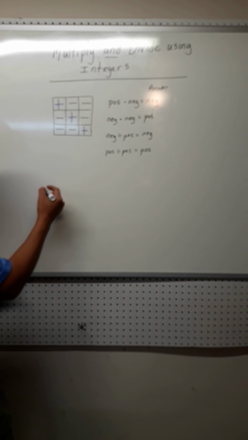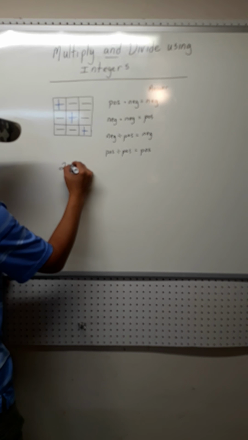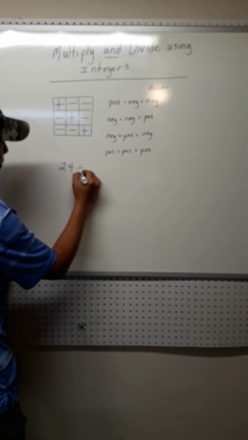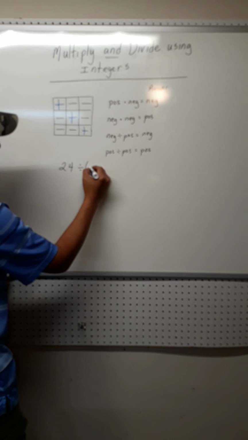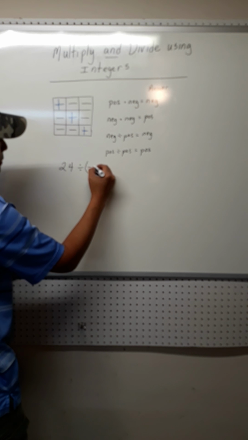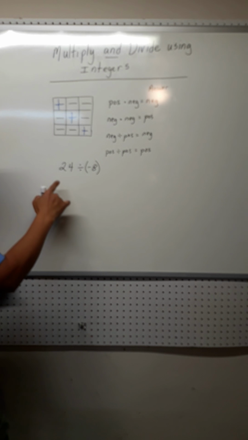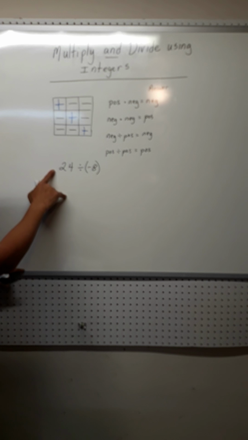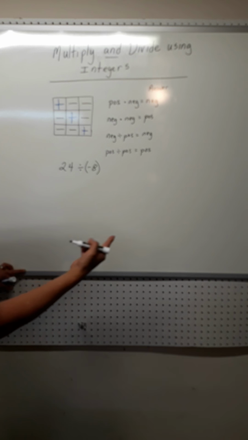Here's a couple of examples. Let's say I have 24 being divided by, parentheses, negative 8. Anytime you have a number that does not have a positive or a negative symbol attached to it, it is assumed that it is a positive.